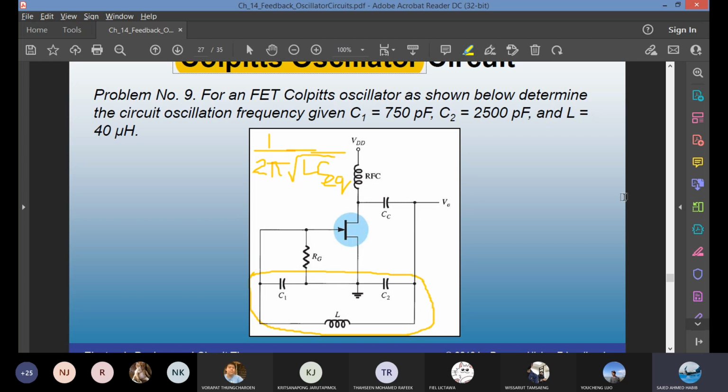You can keep the same unit, picofarad. 577 picofarad. So you round up, okay? That's fine. It's actually 576.9 or something like that. So you can write 577 picofarad.